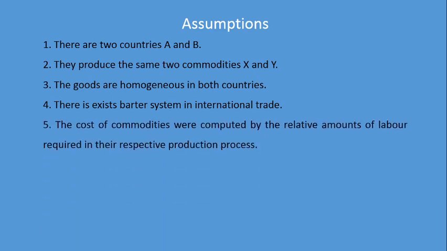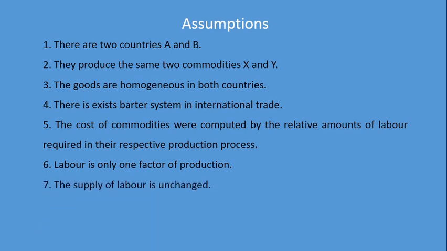The cost of commodities is computed by the relative amounts of labor required in their respective production processes. Next, labor is the only factor of production. The supply of labor is unchanged. All units of labor are assumed to be homogeneous.